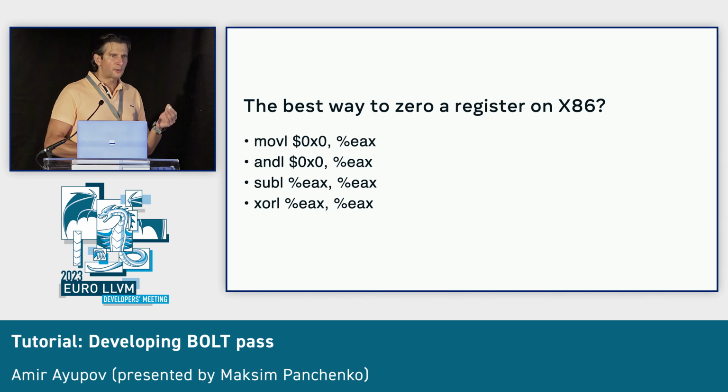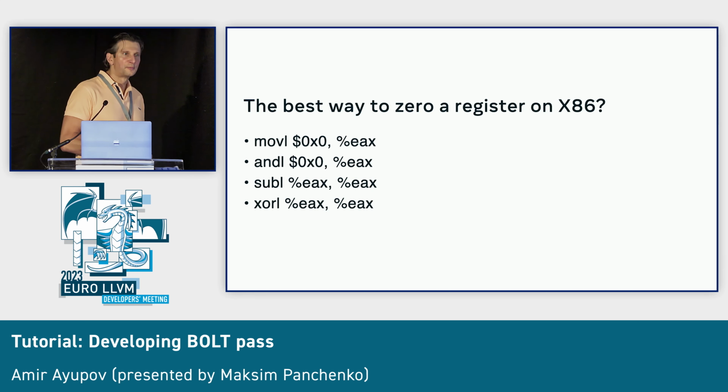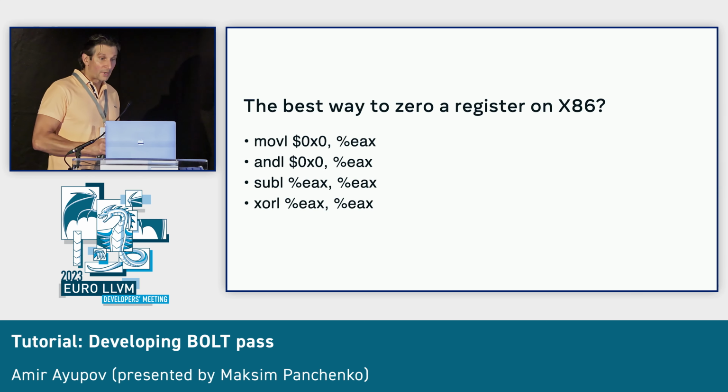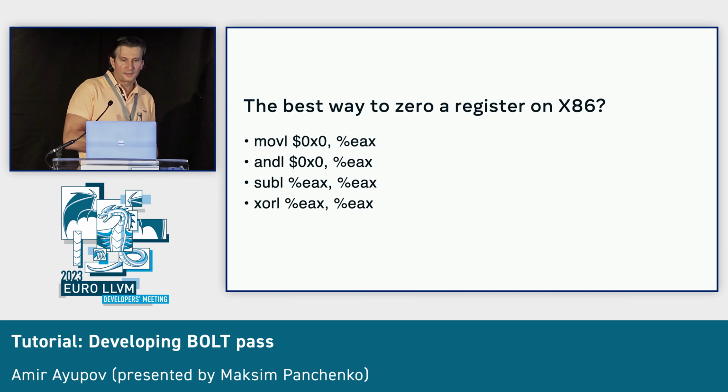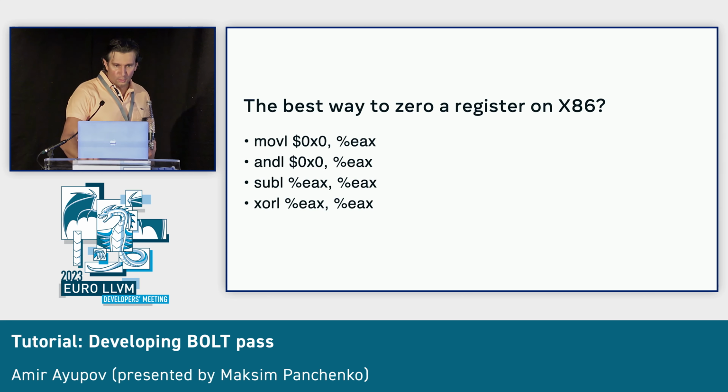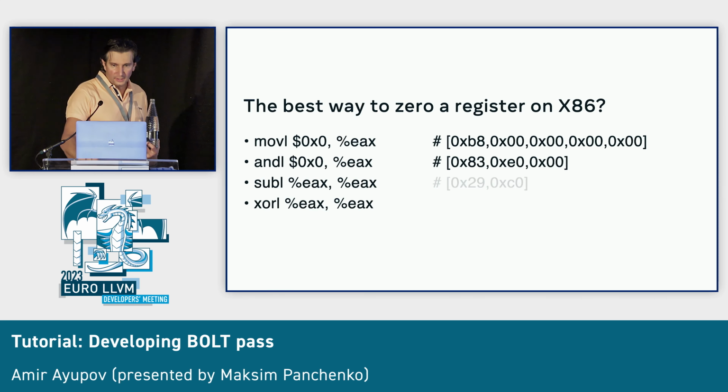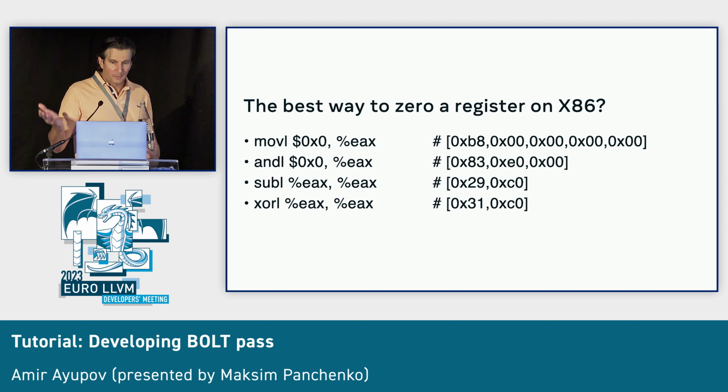I'm not sure how many of you are familiar and can make a call which will be the best from the codegen perspective. Anyone? XOR. Yeah, XOR is a good call, because if you look at the byte representation, it's 2 bytes compared to 5 bytes for move.